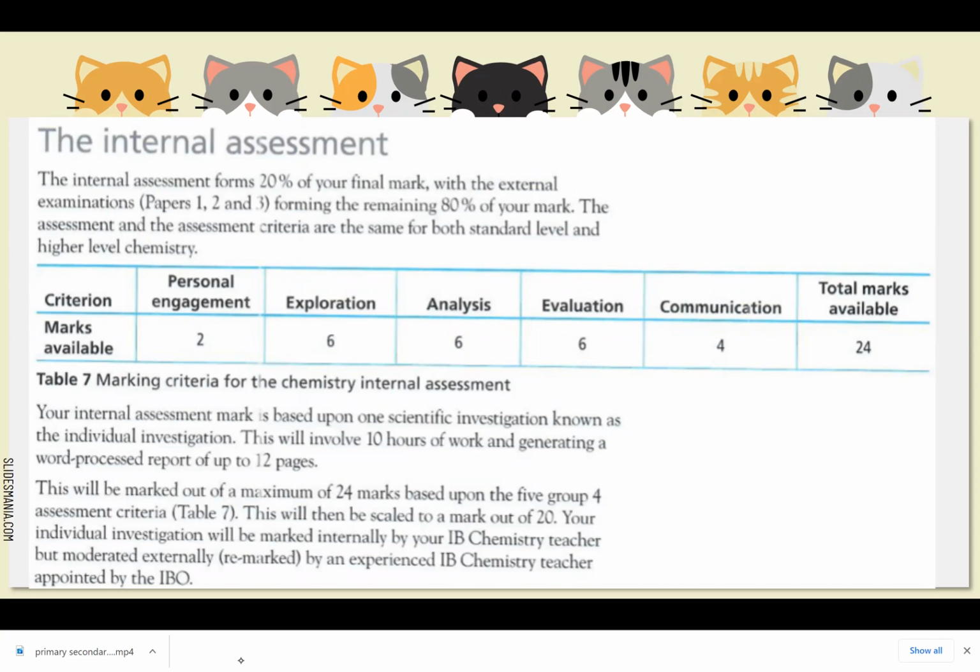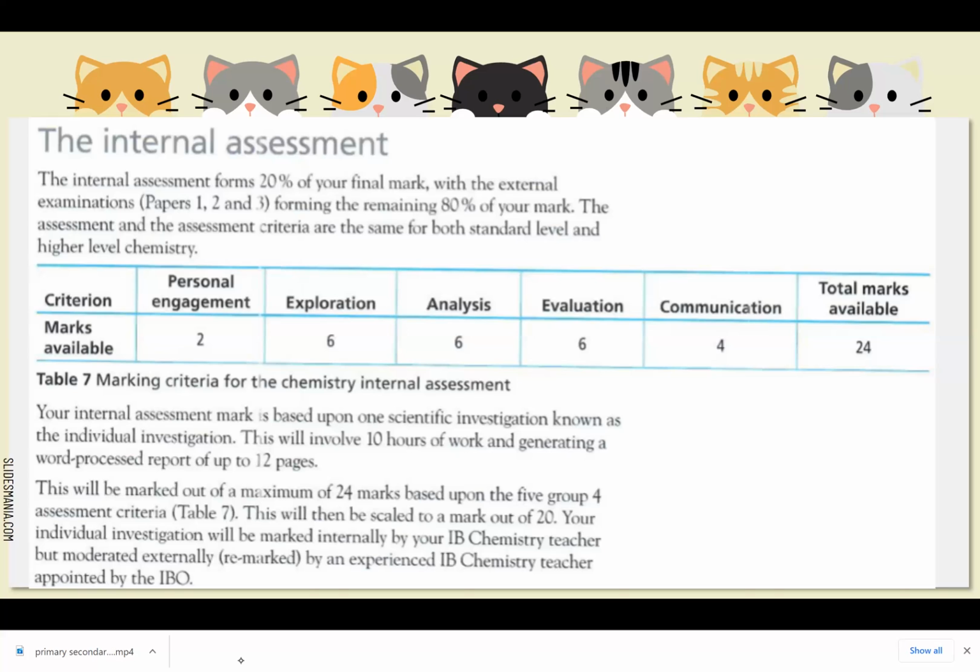The analysis is where you've collected data and you start looking at it, maybe putting it into graphs. The evaluation is really looking at the results that you got and saying, what does that tell me about the exploration? And then communication is just making sure that it's clear and concise.